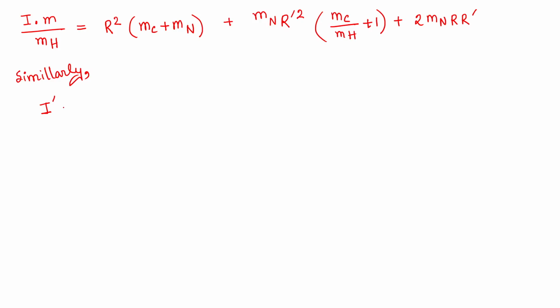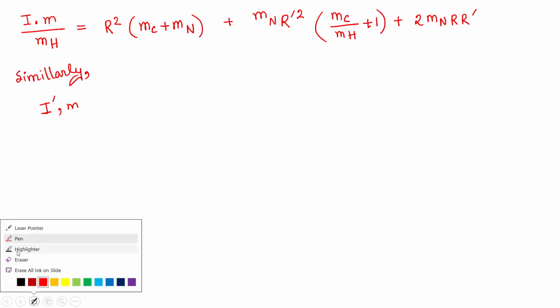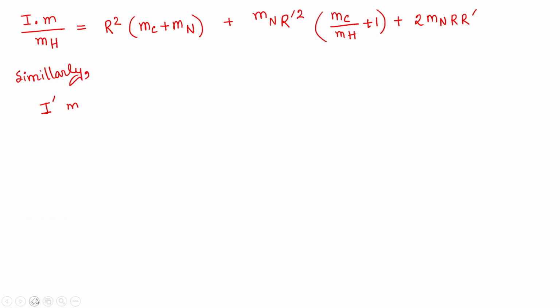Now similarly we can write, suppose it is I dash, the total, multiplied by M dash, because the total mass will also change, right? And where the change happened, mass of hydrogen, so let me change it to M dash H. So the left hand side is okay. It is the new moment of inertia, new total mass.